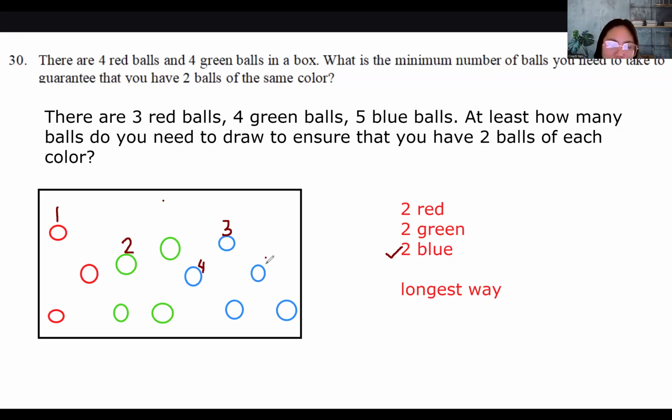So, on the fifth draw, you have blue still. On the sixth draw, you have blue still. You are very unlucky, or it's the worst case scenario. And on the seventh draw, you have blue still. So the only thing that you were able to satisfy here is that you have at least two blue now. You have five blues in total, but you only need two blue. Okay? And that is already seven draws.